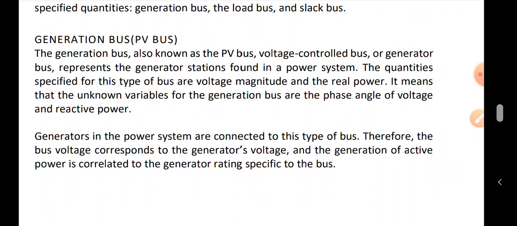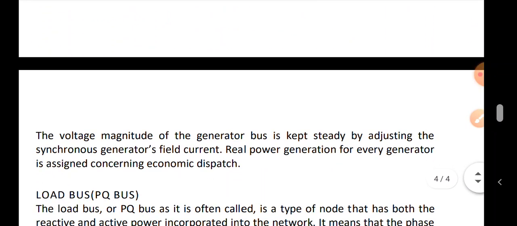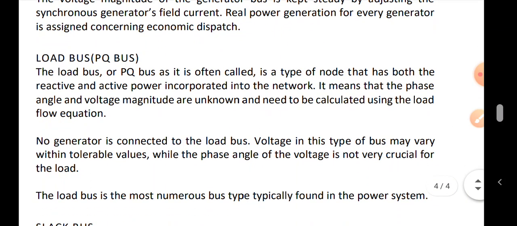The next bus is the load bus. Why is it a load bus? Because the load quantities, which are active power and reactive power, P and Q, are specified here, so it is also known as the PQ bus.